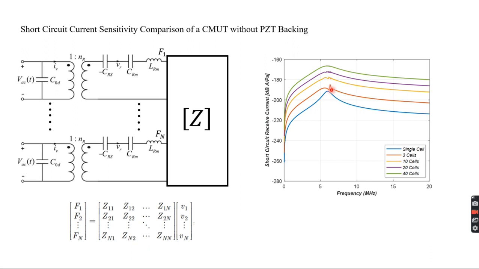But if you have fewer cells, the effect of mutual crosstalk due to the matrix is there. This predominantly limits the bandwidth, but it's not the case if you have a large number of cells. Usually, when you have a closely packed large number of cells, you don't have this problem, and it's wideband.